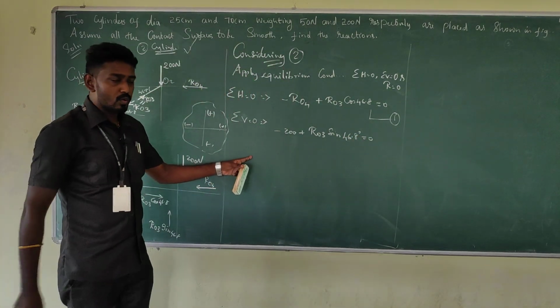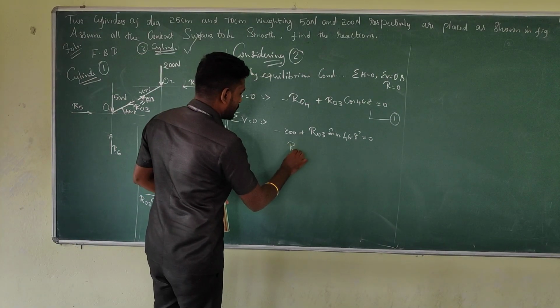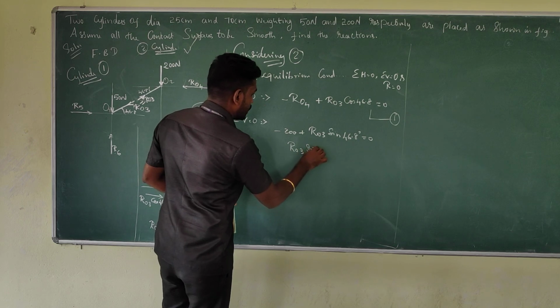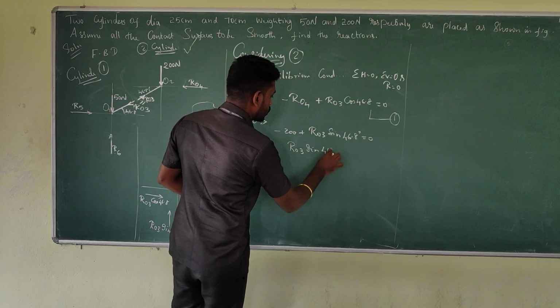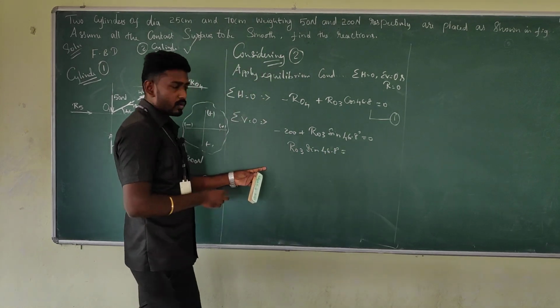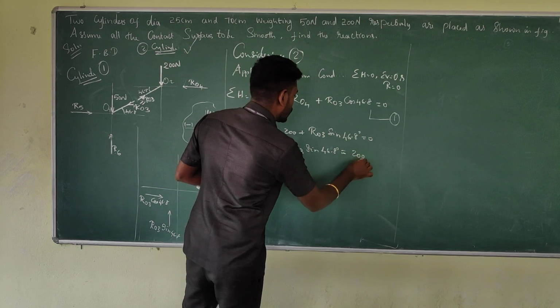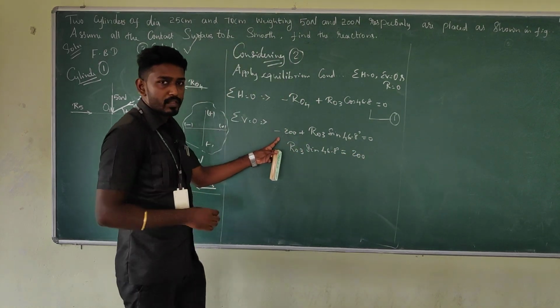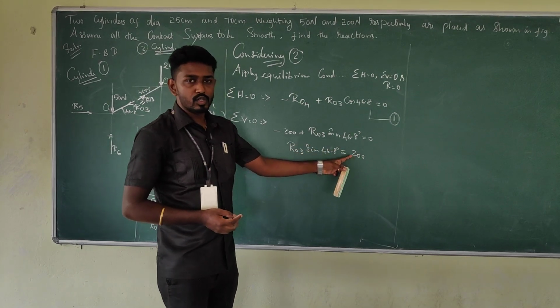Now just try to simplify it. I can take the 200 to the right side. Here it is minus 200; when you bring it to the other side of the equal sign, it will be a positive 200.